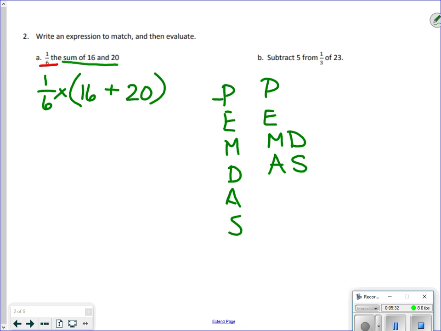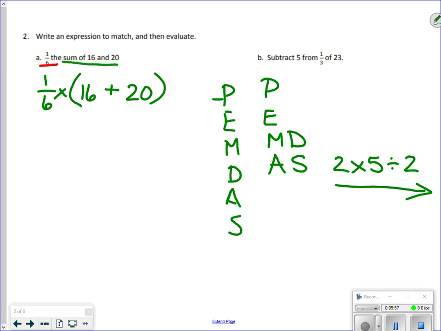So if I were doing a number sentence that had like 2 times 5 divided by 2, and it's all that I had in that number sentence, I go left to right. Because they're equal. I don't do multiplication before division because multiplying is more important. They're equal, left to right.